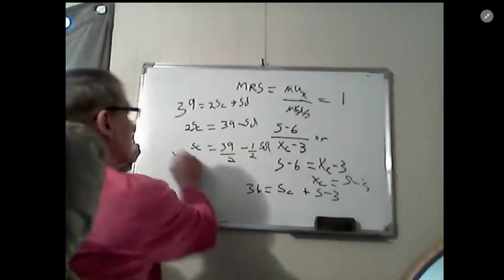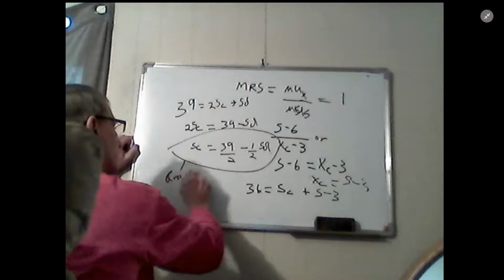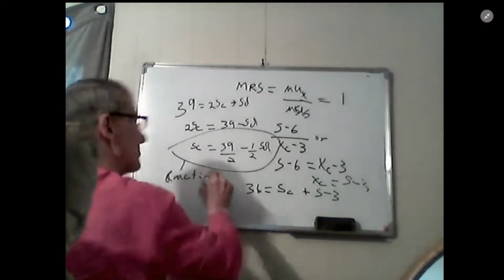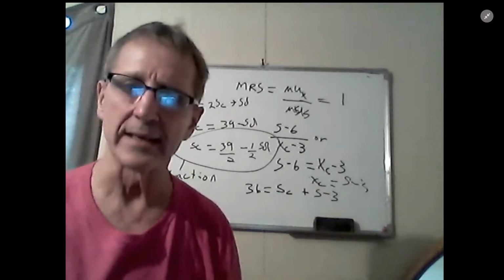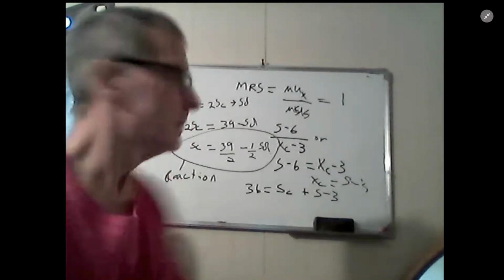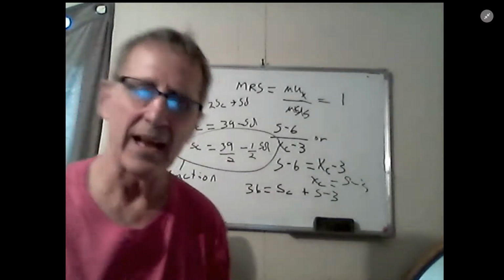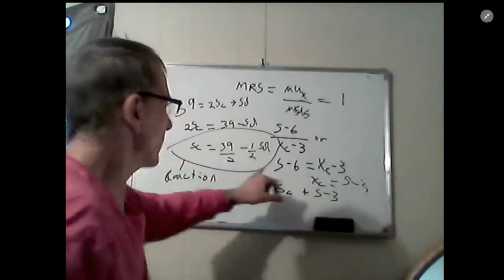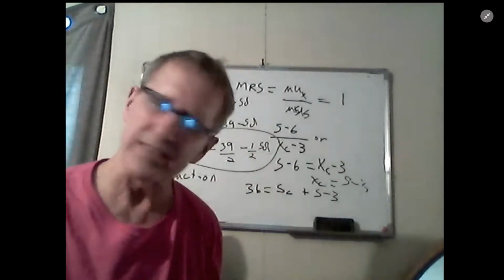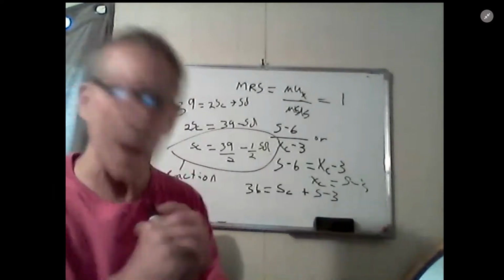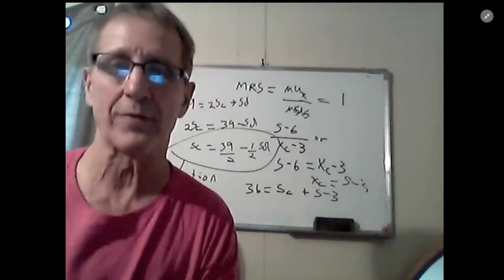This is our reaction function. That is the best response that Curry can make given Durand's purchase of seats. And think about it: when Durand increases his purchase of seats by 1, Curry will say, hey, I'm going to reduce my purchase of seats by 1/2 and use that amount I'm saving to buy more other stuff.